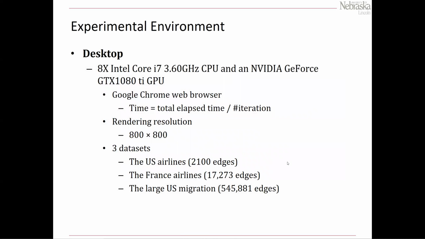And in terms of performance, we also calculate the rendering time of this algorithm. We use 3 datasets: US Airlines with 2,000 edges, the France airline with 17,000 edges, and the large US migration dataset with 0.5 million edges. The rendering resolution is 80 by 80 images.